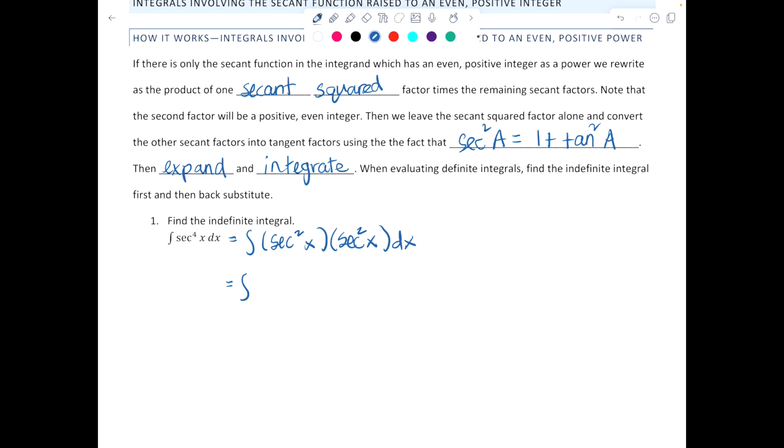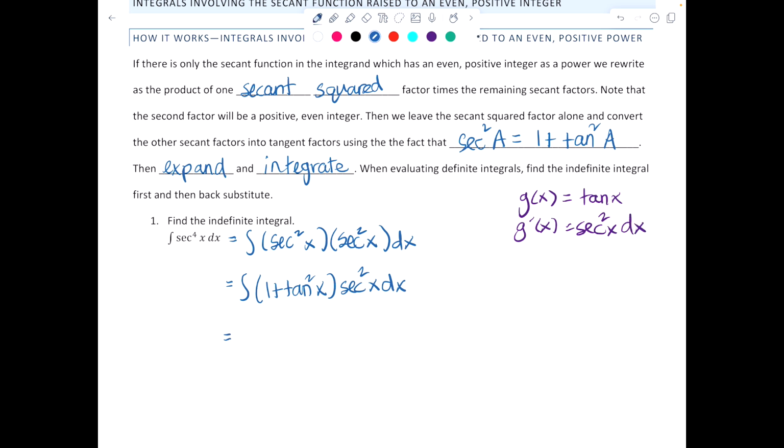Now we'll convert one of the secant squared factors into tangent and reserve the other one. So we'll have 1 plus tangent squared at x times secant squared at x times dx. So noticing that if we end up with a g of x as tangent at x, our g prime at x is secant squared at x dx.